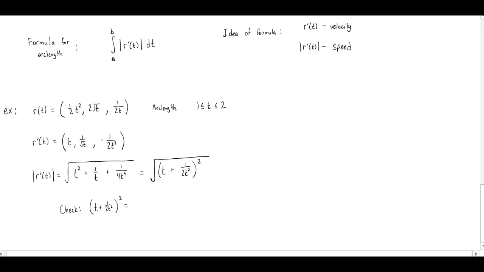When we square it, it should be a squared plus 2 times a times b, and then plus b squared. That should simplify as t squared plus, this would be 1 over t. Alright, good. So I was actually correct before, and then I was just messing up just now. Okay?